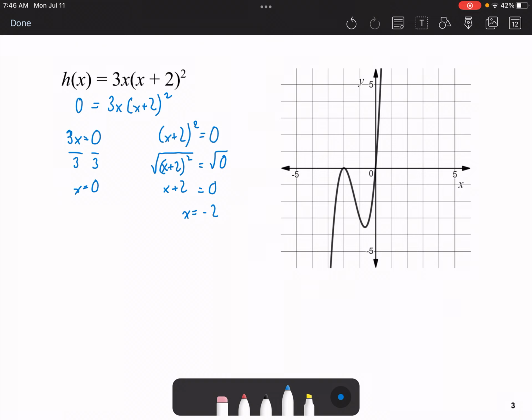So here you see you have two zeros, and you can see them right here: x equals 0, and the other zero at x equals negative 2. You'll notice the shape at x equals negative 2 is a little different. This zero has a different shape.